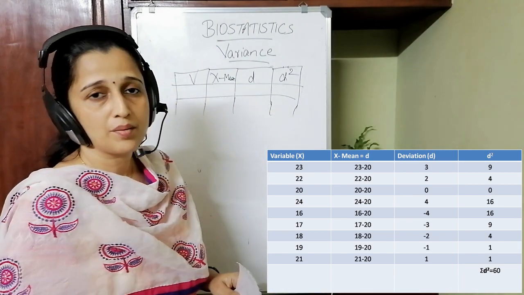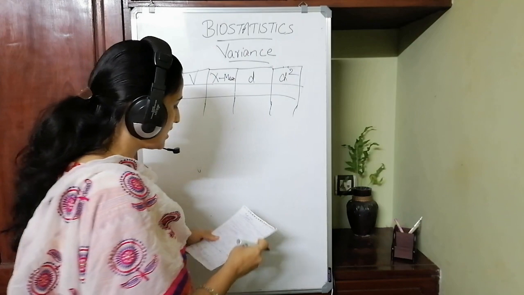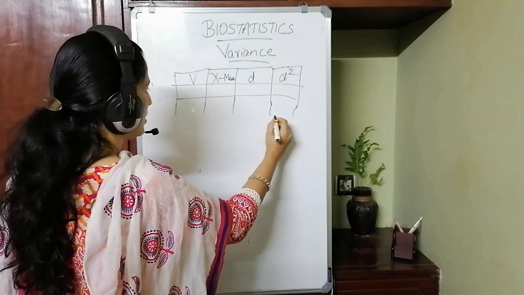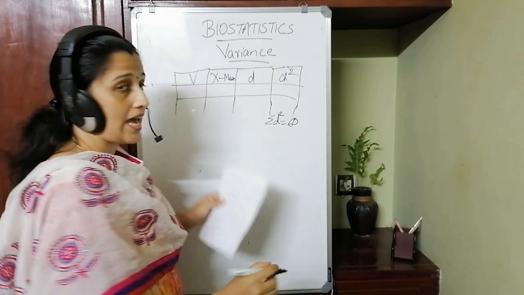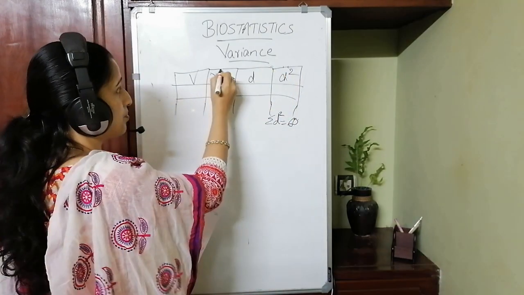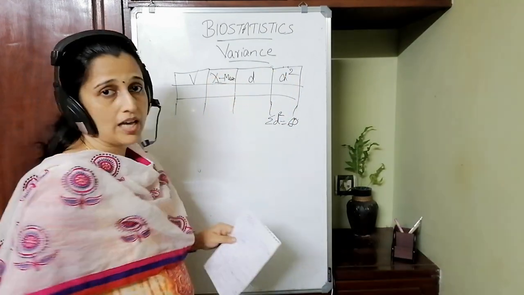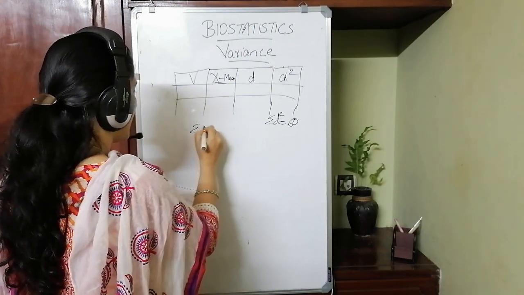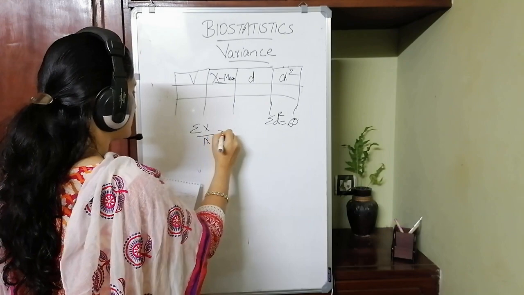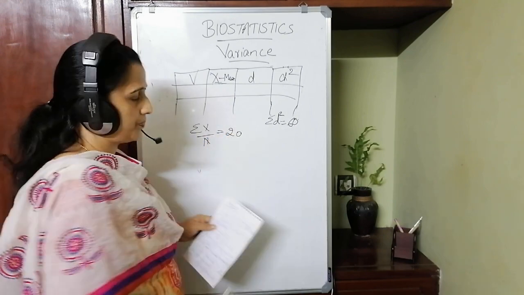The completed table is given here, and you have to find sigma d square. Sigma d square is equal to 60. The arithmetic mean has to be computed first to find the value of d. Arithmetic mean is equal to sigma x by n, that is equal to 20.